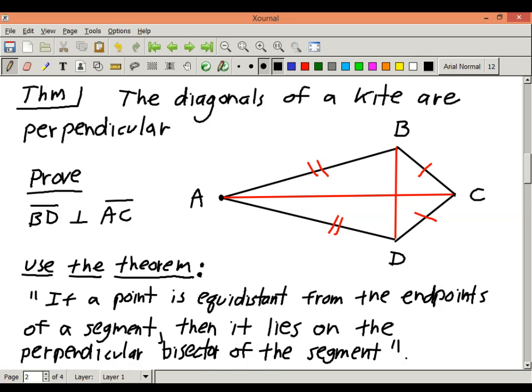And point C is also equidistant from the endpoints of that same segment BD. You can tell by the two single marks. So the fact that points A and C are equidistant from the endpoints of segment BD means that they lie on the perpendicular bisector of that segment. That tells you that segment AC, connecting points A and C, is perpendicular to segment BD. So that means that the diagonals of a kite are perpendicular.